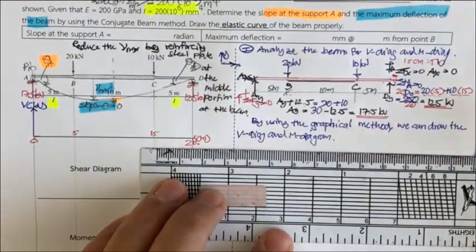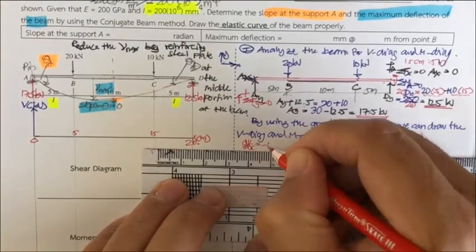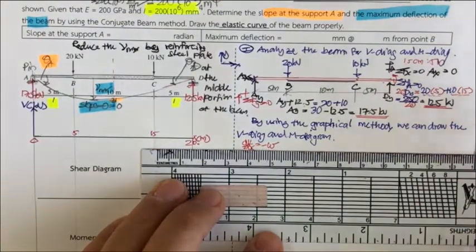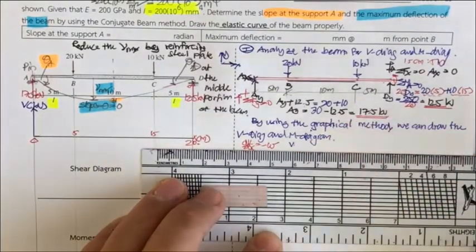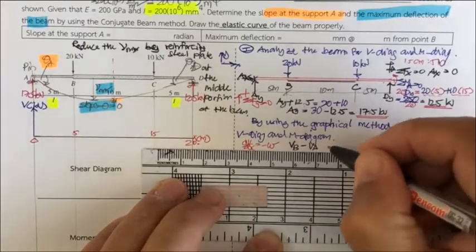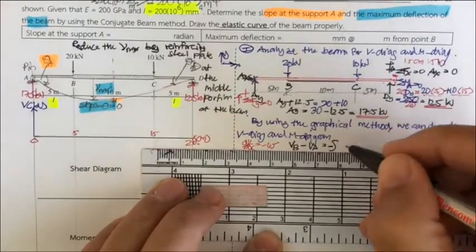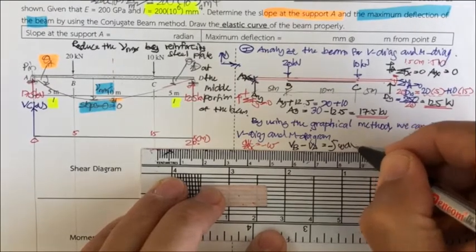If you like to review it, it's dV by dx equal to minus w, and V sub b minus V sub a equal to minus the integration of w dx.